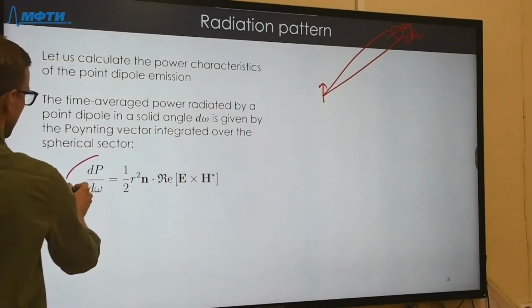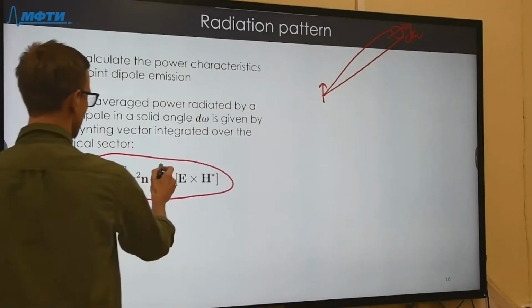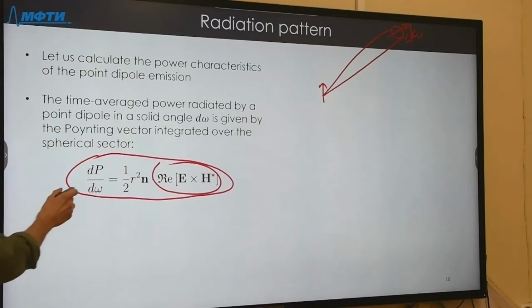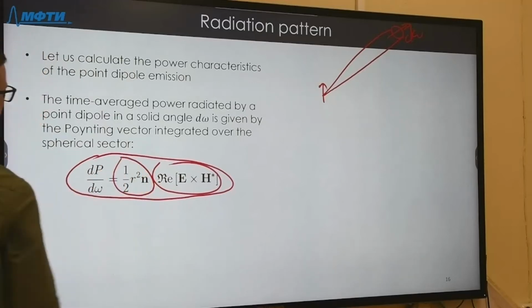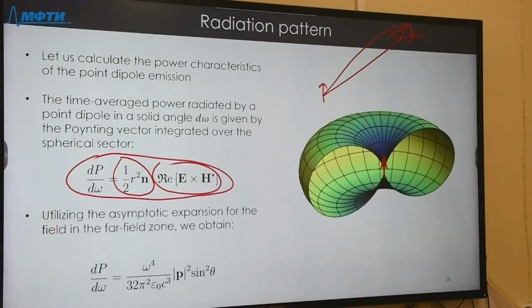This is done by calculating the Poynting vector and multiplying it by the area of this solid angle. That's it.